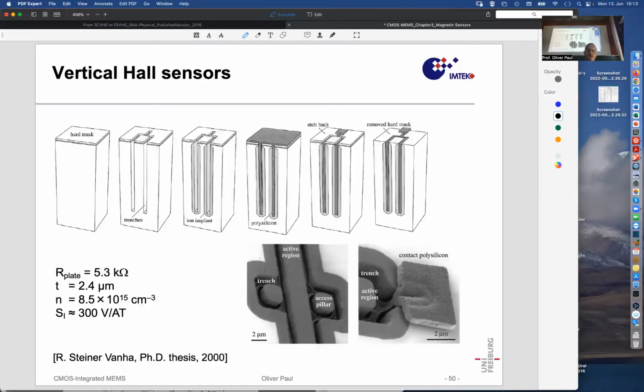And then this is filled by polysilicon. That's all standard CMOS technology in Austria Microsystems technology.